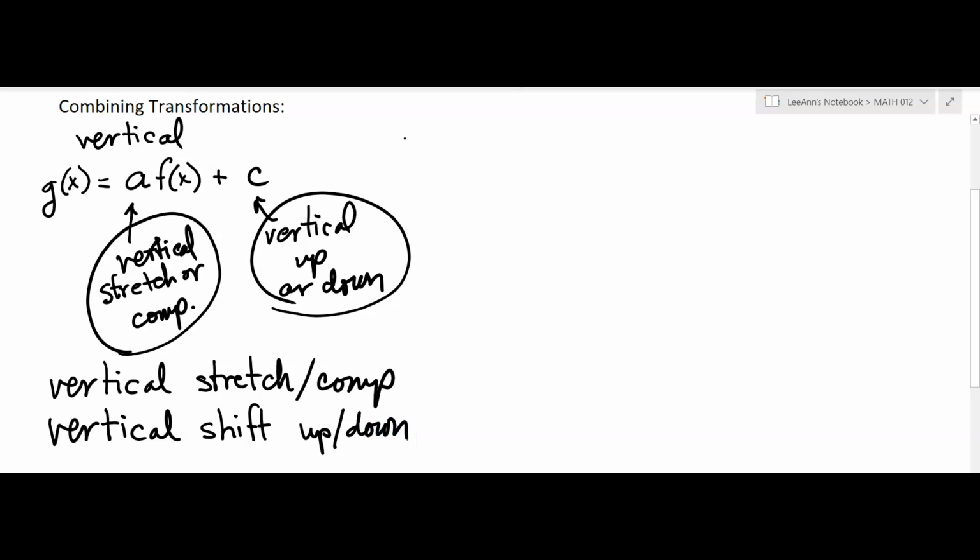Okay, it's important that you maintain that. Now that one might be easier to remember because it follows the order of operations, right? Multiply first, then add or subtract something.